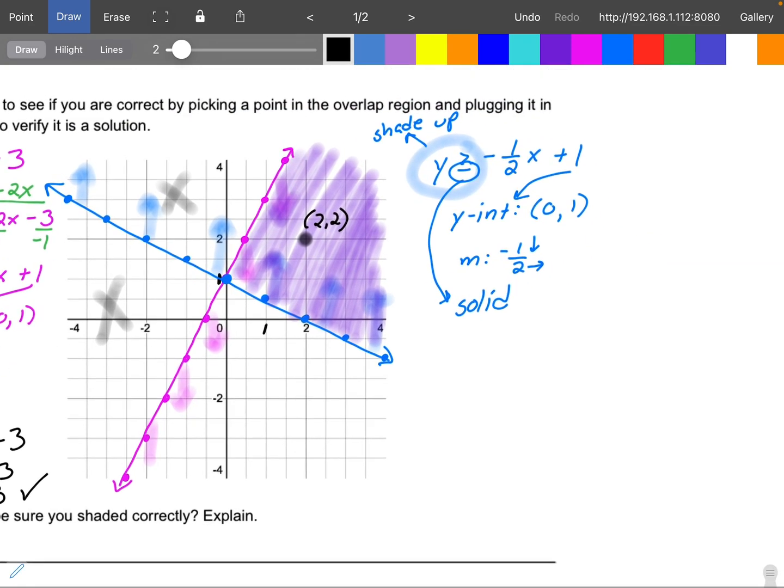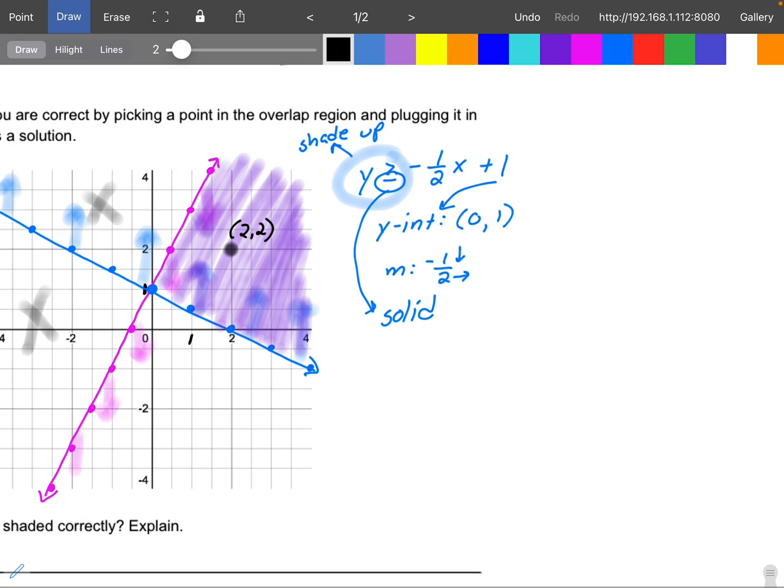Let's test it in the second inequality. So if we go back to our original inequality, so y, which we're going to say is 2, is supposed to be greater than or equal to -1/2 times x, which is 2, and then plus 1. So let's see if this is true.